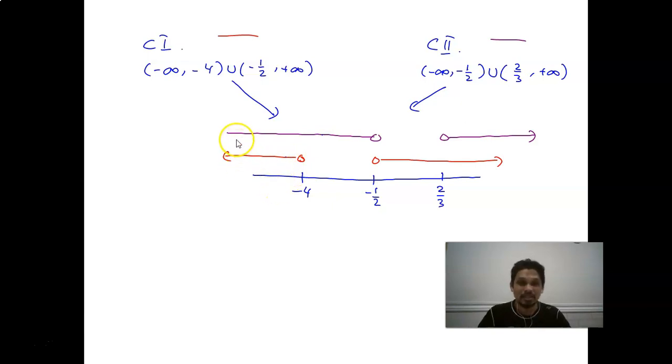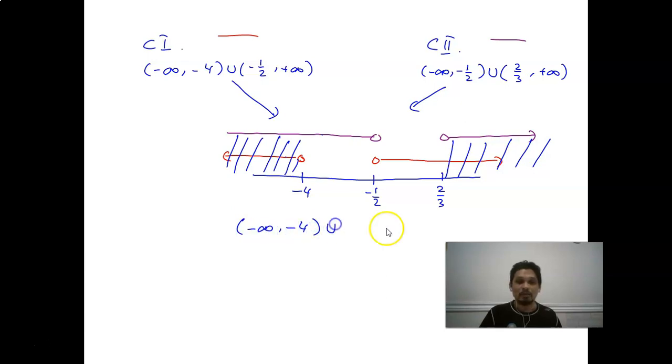So you can see clearly here now, it intersects here and here. Am I right? Okay, so this is our final answer, which is negative infinity until negative 4 union 2 over 3 to positive infinity. Okay.